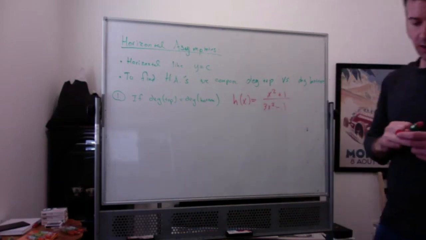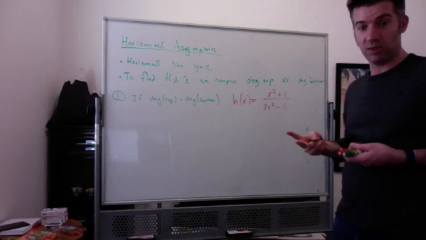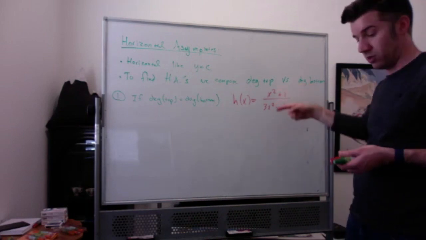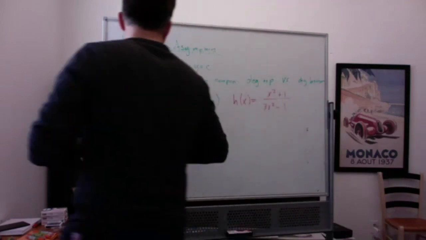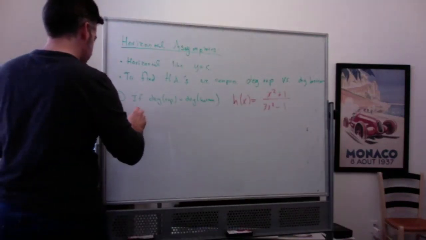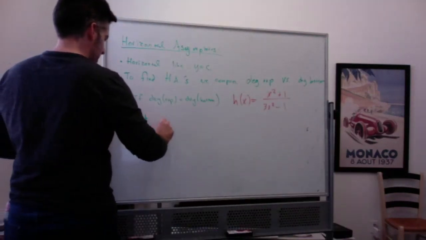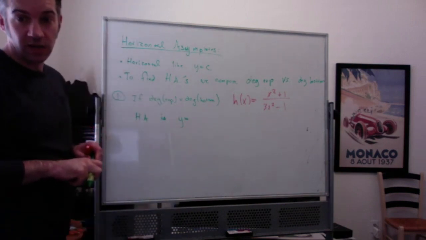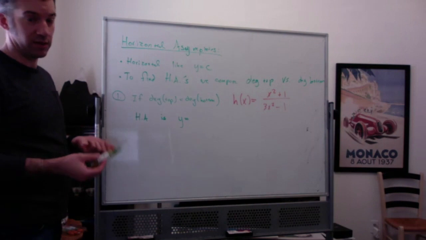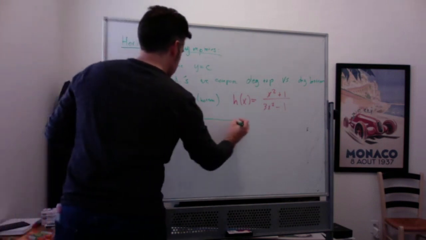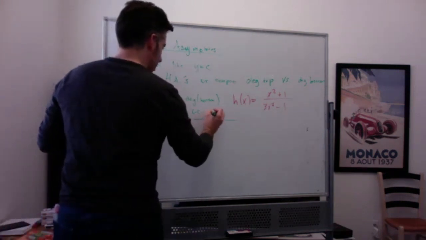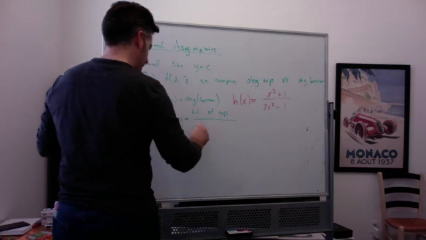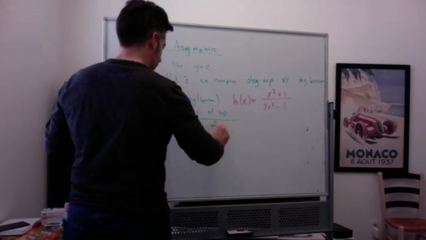If the degree on the top and the degree on the bottom are the same, which they are here, the degree here is 2, the degree here is 2, then the horizontal asymptote is going to be y equal to the leading coefficient on top divided by the leading coefficient on the bottom.